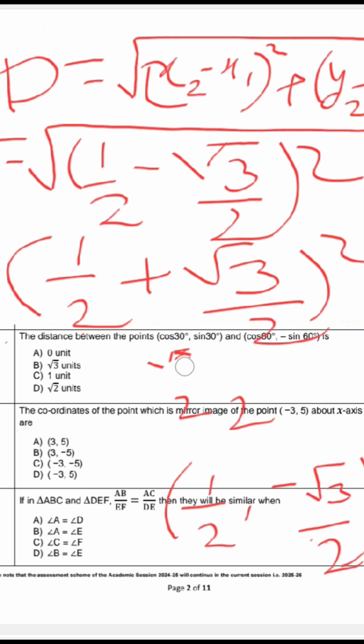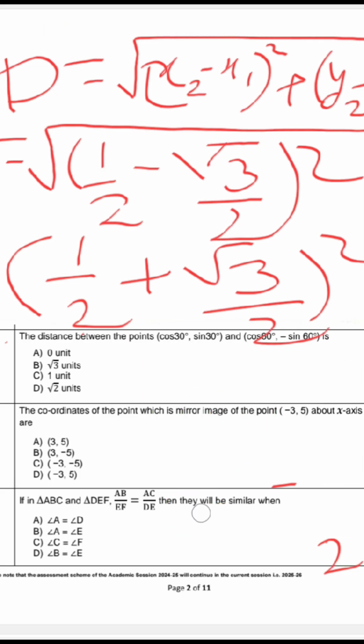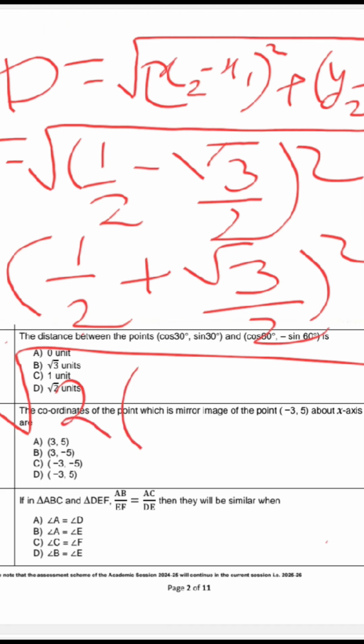Now we solve this. How we solve it? In square root, the sign here is plus. So 1 by 2 square. a minus b whole square and a plus b whole square is equal to 2 into a square plus b square, means 1 by 4 and root 3 by 2 square is 3 by 4.